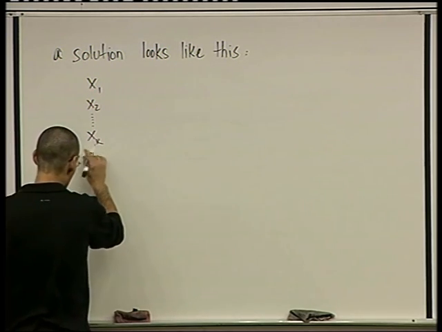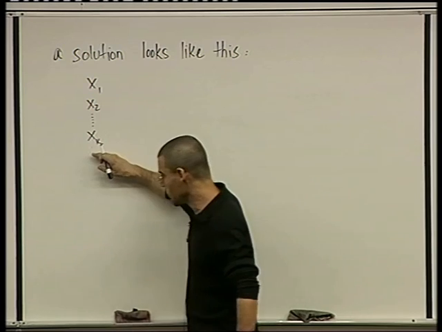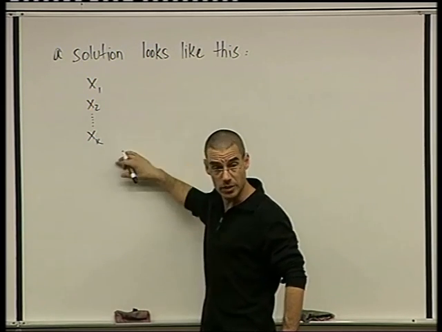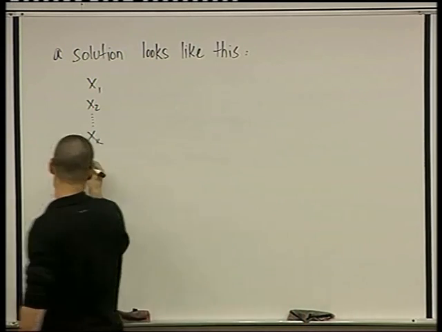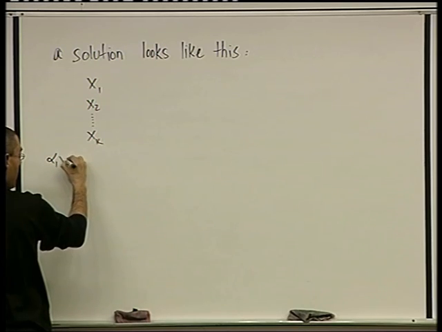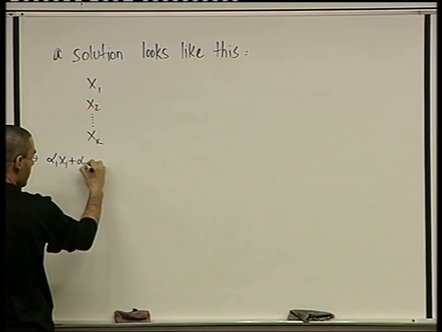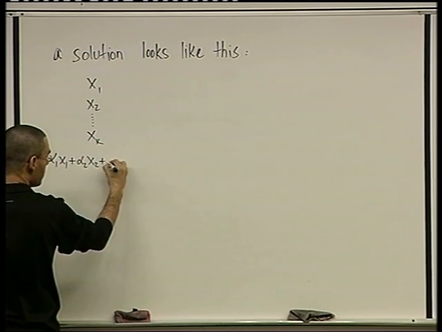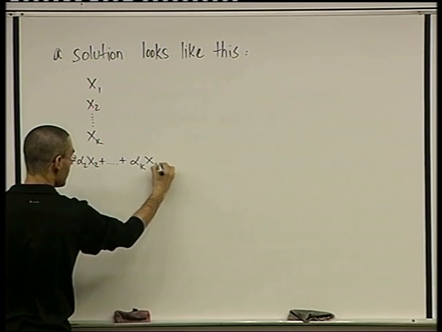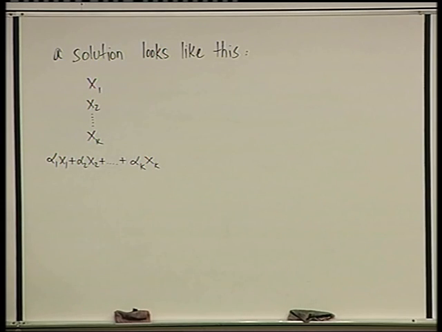And then there are xk plus 1 through xn, which are linear combinations of these. So xk plus 1 maybe is something of the form alpha 1 x1 plus alpha 2 x2 plus dot dot dot plus alpha k xk. That's the k plus first entry in the solution.